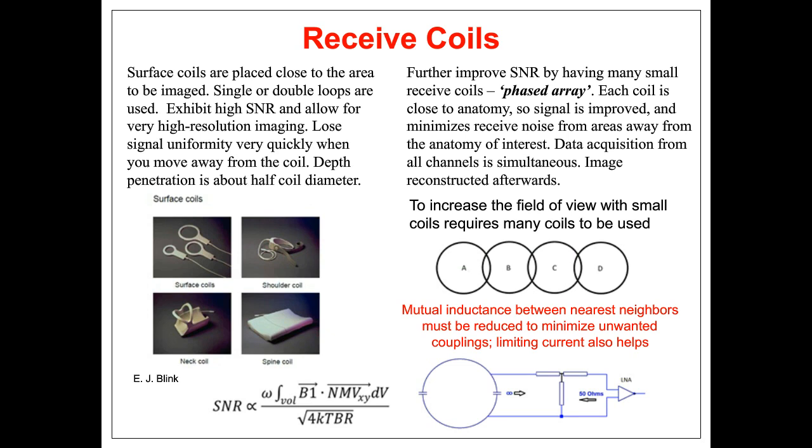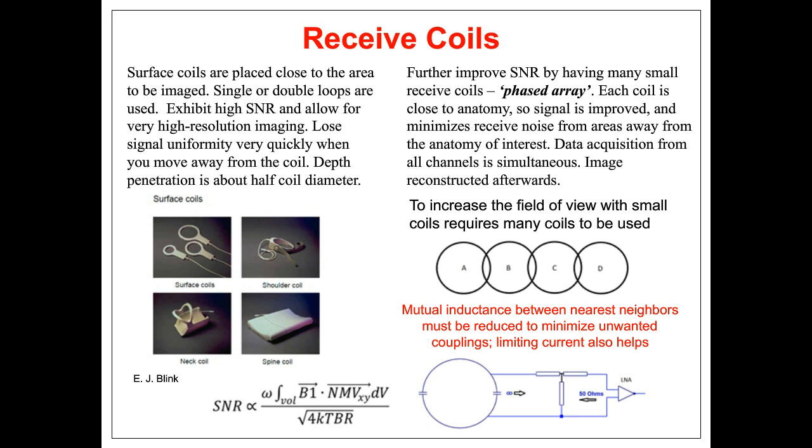Studies have been done showing that the peak signal-to-noise ratio occurs when the coil diameter is about the depth into the patient you want to image.